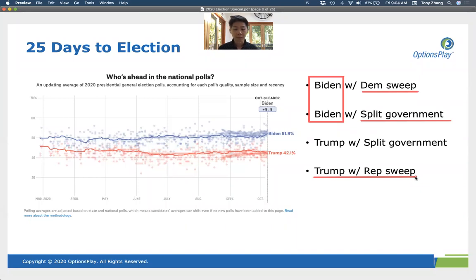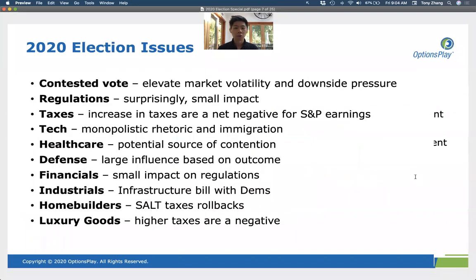Some of them have their biggest net positives or negatives under a Trump with a Republican sweep. So everything that we're analyzing today is within the context of these four outcomes of the election. That's the framework that we're currently looking at across everything.